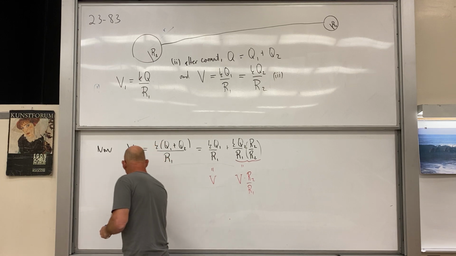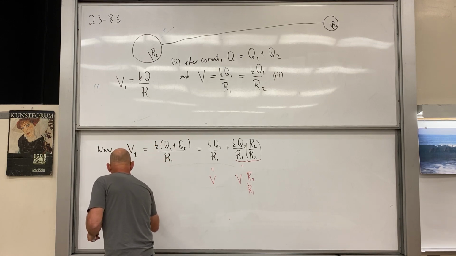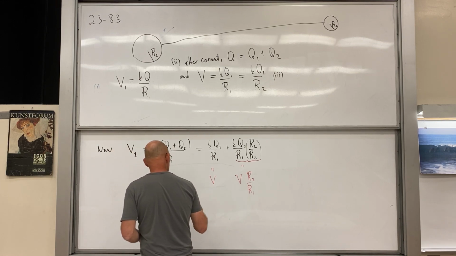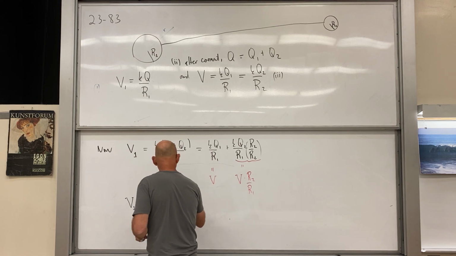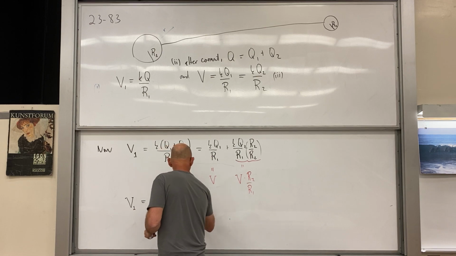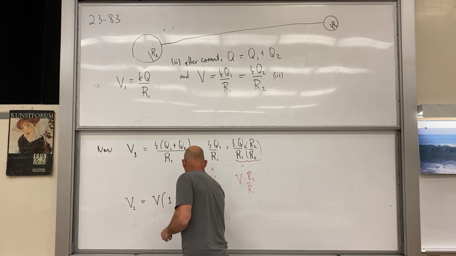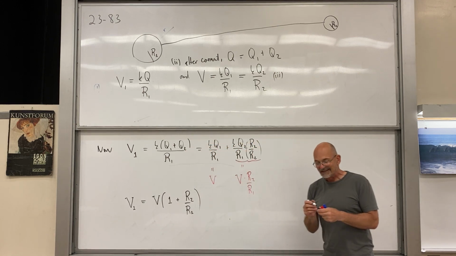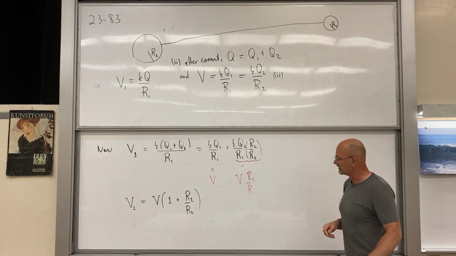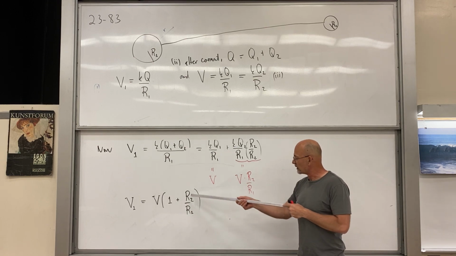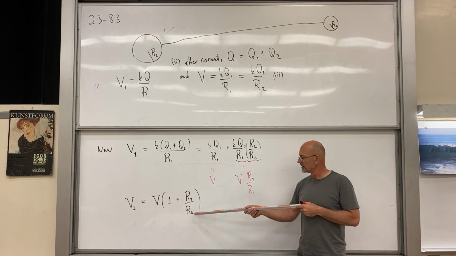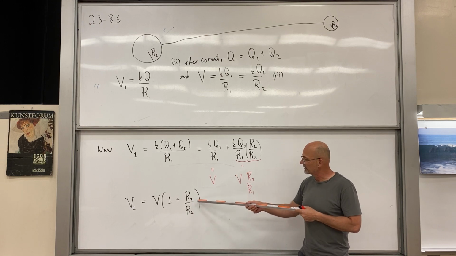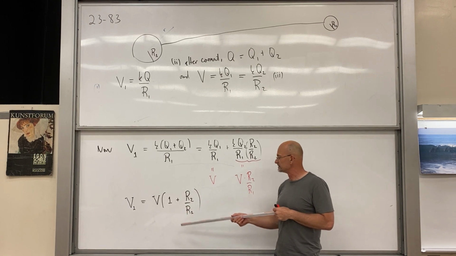We have V1, the original voltage that it was charged up to, is equal to V times 1 plus R2 divided by R1. And I could actually leave it at that, because then you can solve for R2 over R1. And the answer was given in terms of R1. So you solve for R2 over R1, and you get the answer.